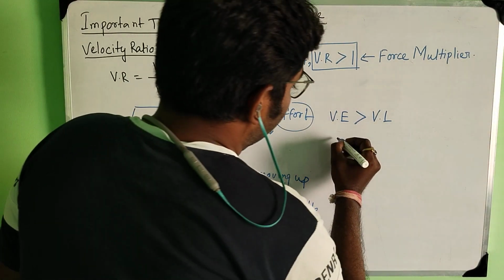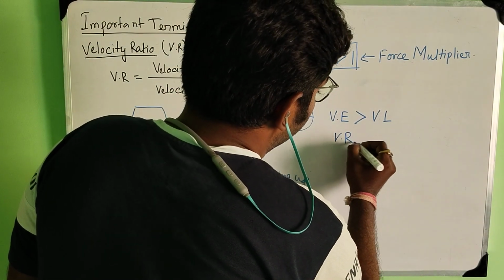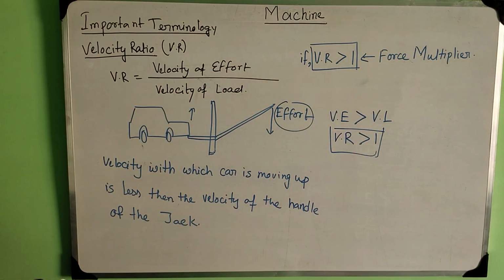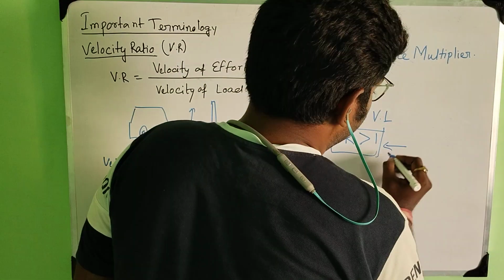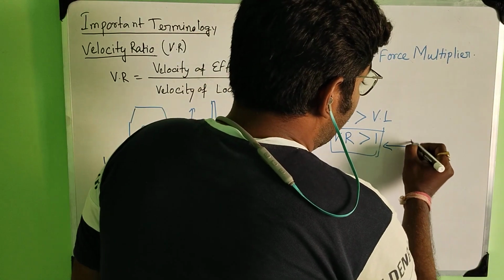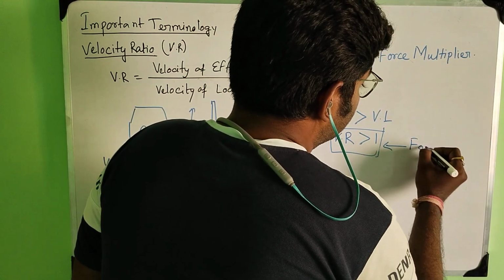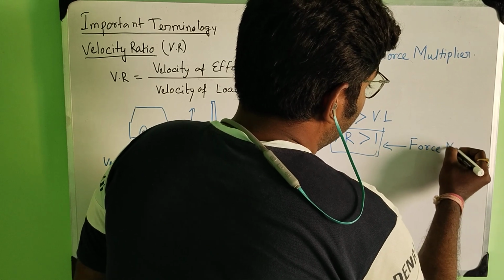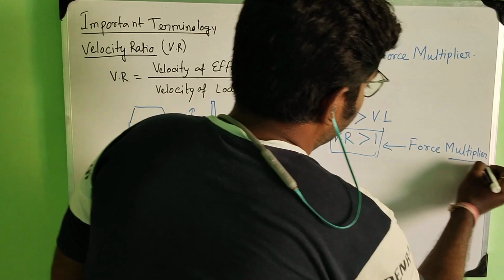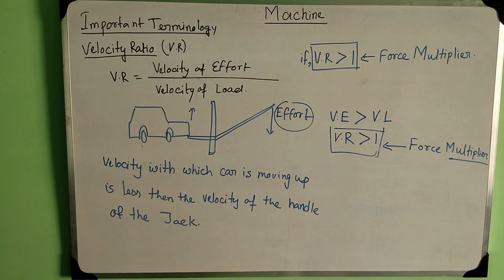So here velocity ratio is greater than 1, and we know the jack screw is used as a force multiplier. So the machines which have velocity ratio greater than 1 are used as force multipliers. Very important.